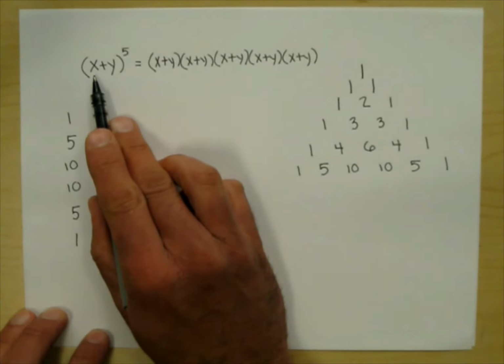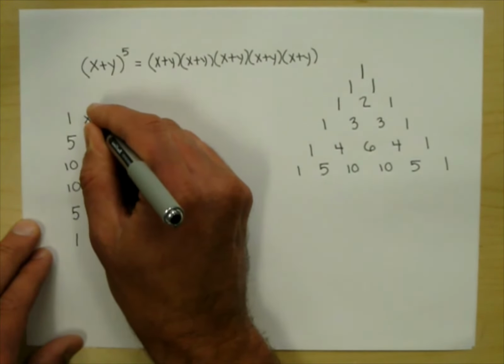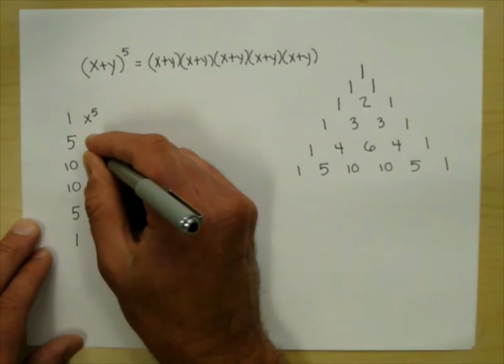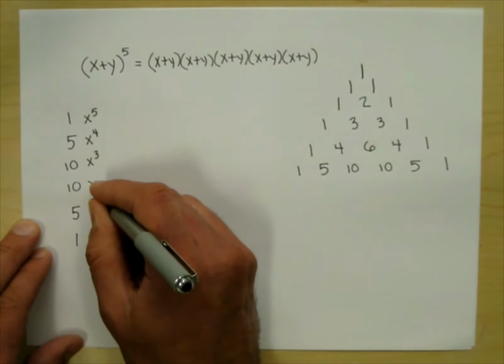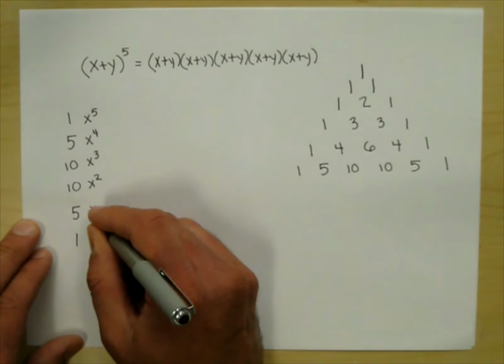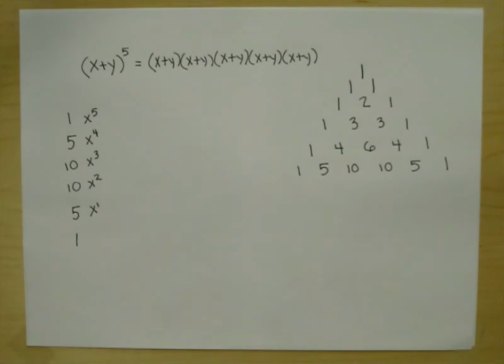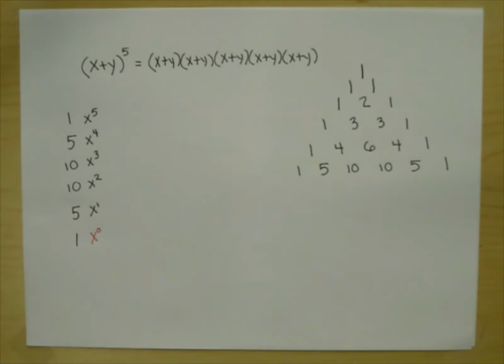I take that first term within the binomial and I take it to the full power, x to the fifth. Now as I run down the line, it's going to decrease in power. So x to the fourth, x to the third, x squared, x to the first, and then this one right here, which I'll do in red because you don't really need to write it, is x to the 0.